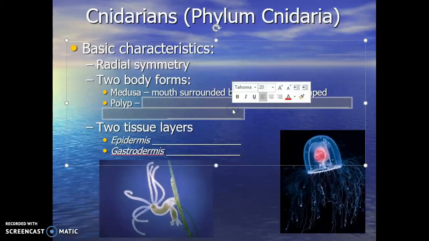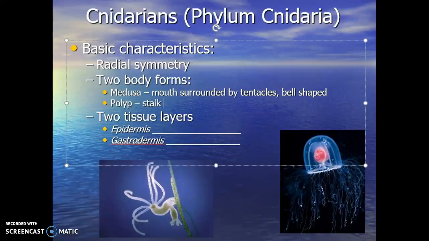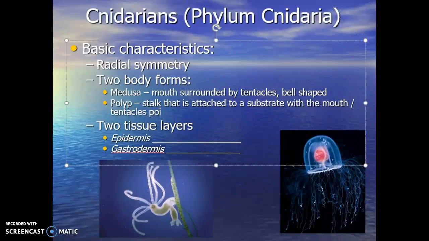The polyp body plan is a stalk that is attached to a substrate with the mouth and tentacles pointing upwards. Okay, so the hydra over here, or a coral polyp, those are the polyp body plans.